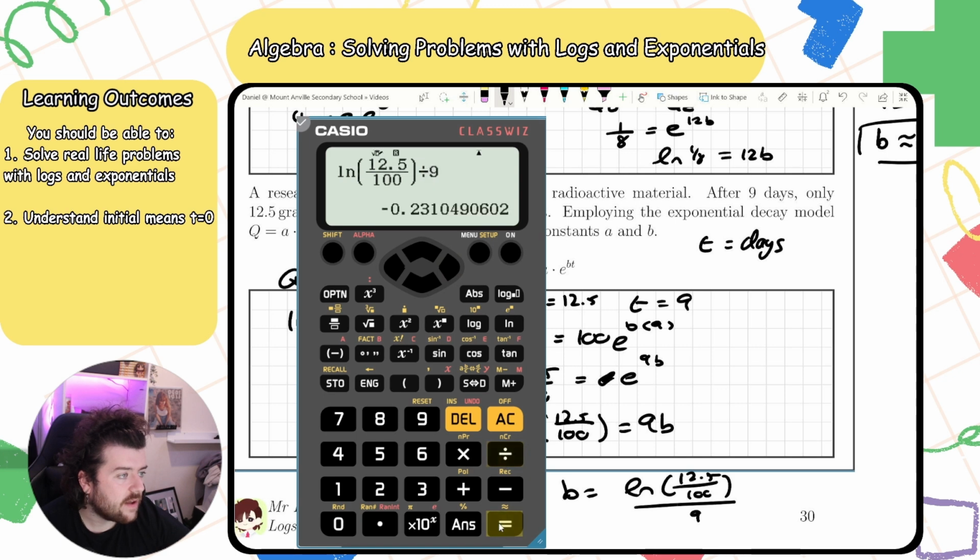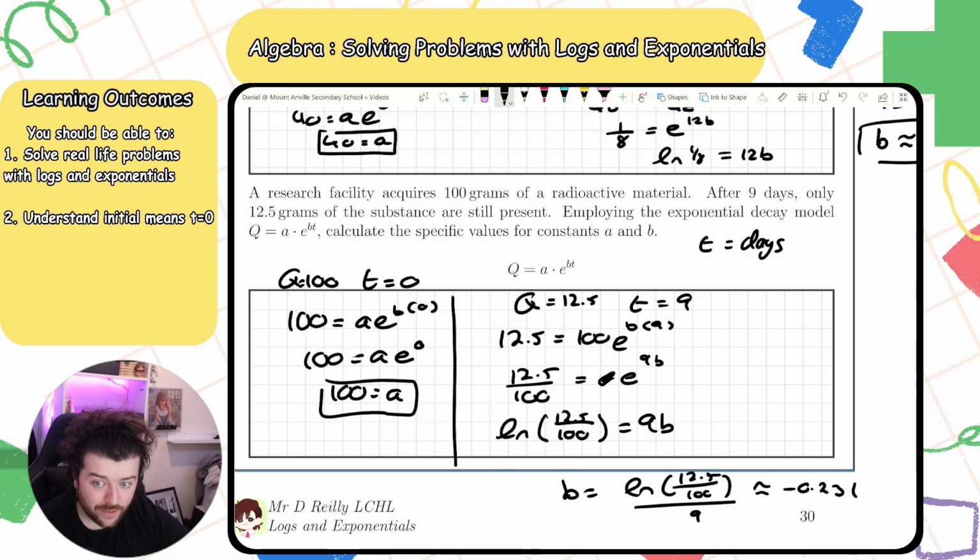You're going to get b is roughly equal to minus 0.231. Again, they'll usually specify if you need to round or anything further.